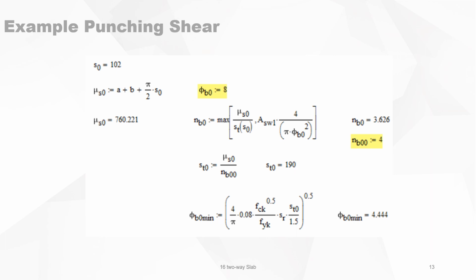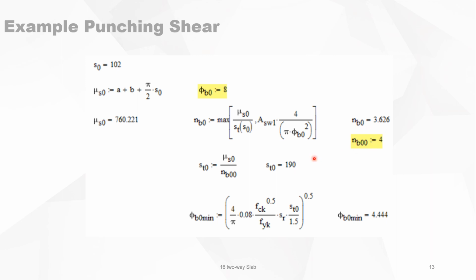So now if you put that in a simple formula, and we take, for instance, as a minimum diameter of shear reinforcement 8, then you will see that depending on this term gives you the minimum amount of rebars 8 that you need to fulfill ASW, and this gives you the amount of bars you need to fulfill the tangential distance. And you will see that we have 3.6 bars, so we need 4 bars within that first perimeter.